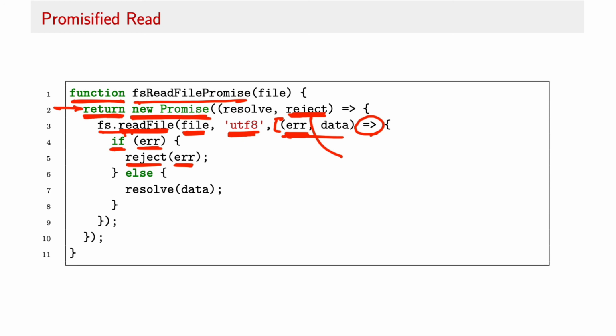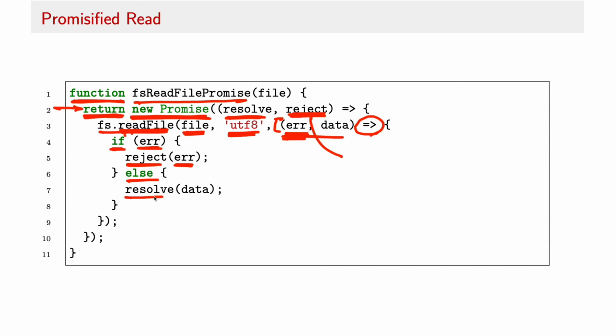and figure out what to do next. On the other hand, if the error value that was passed to my callback was falsy, I'm going to take the else clause and I want to call instead the first function passed to me as a parameter in this constructor, which is the function that the promise object itself implements to let it know that everything worked with the underlying asynchronous function, and also gives me a way to pass additional data that's going to be given to the function that's invoked by the promise's .then method.